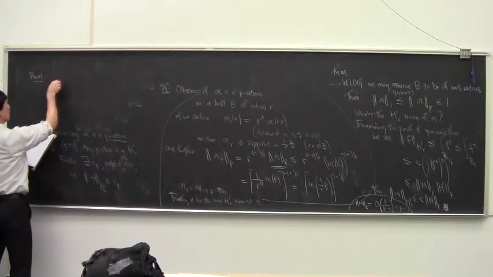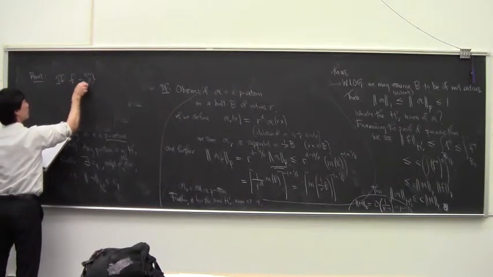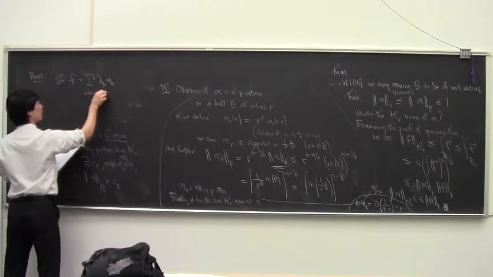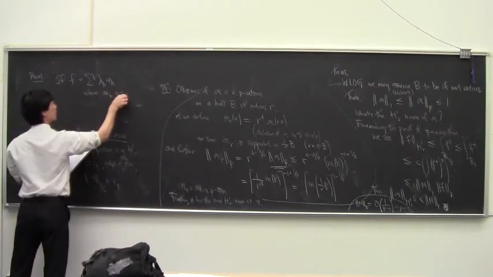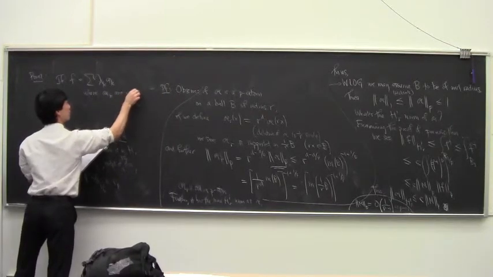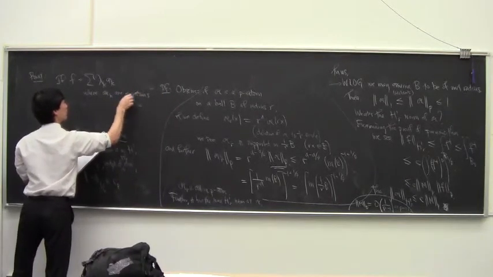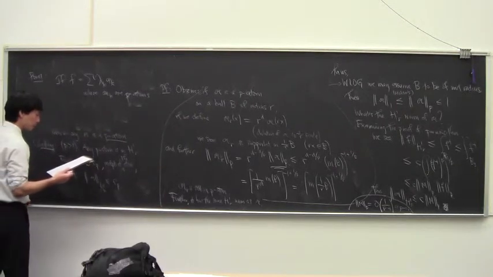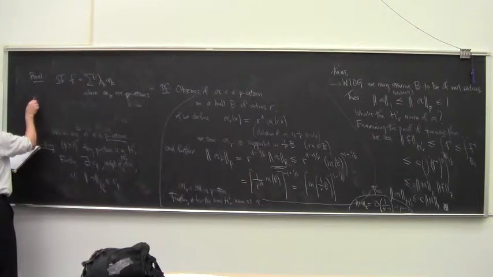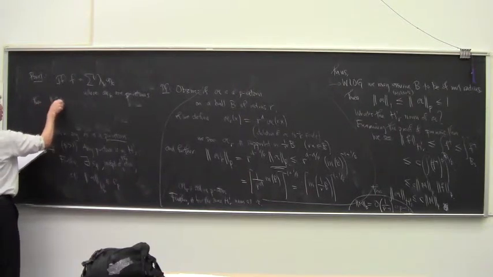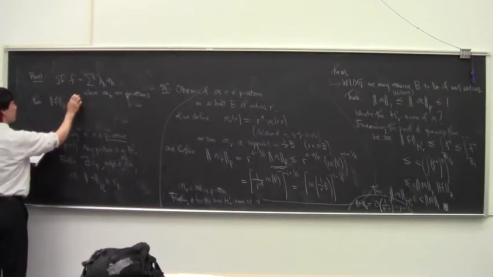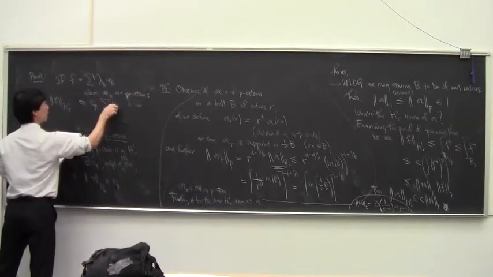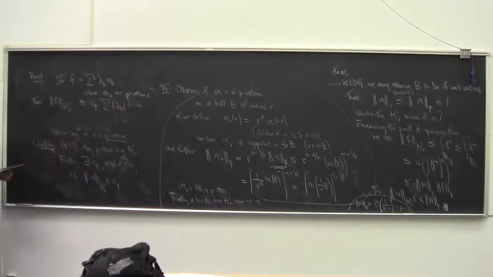If F can be expressed like this, where the A sub k are p atoms, these guys are p atoms, then the H1 norm of F is controlled by this constant times the sum of the coefficients.